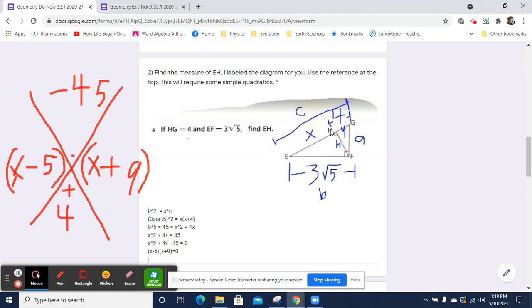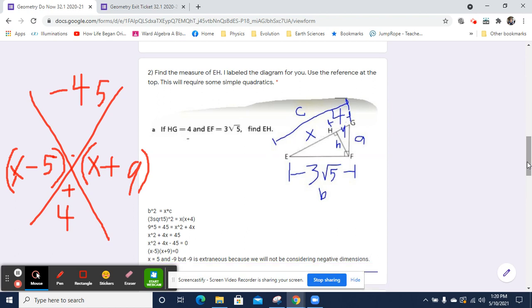But x isn't going to be a negative number, so we'll discard it. So x equals 5 and negative 9, but negative 9 is extraneous, a fancy word for it, because we will not be considering negative dimensions.